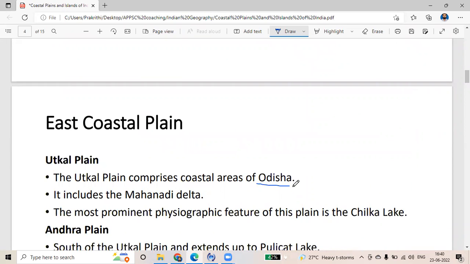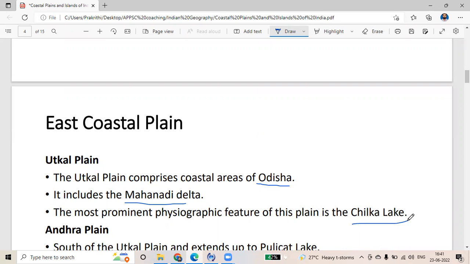So the Utkal plain, from the upper part of West Bengal to Odisha, and this plain is mainly contributed by the Mahanadi Delta. The Mahanadi Delta has made our Utkal plain, and the most important physical feature is the Chilka Lake.